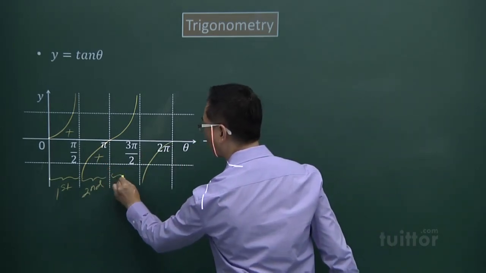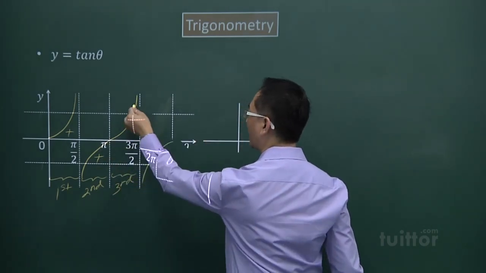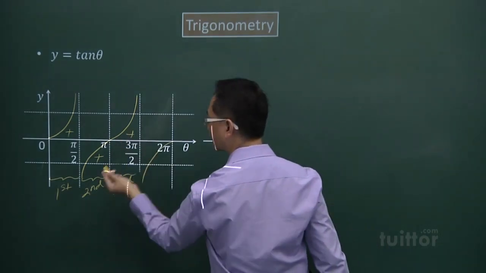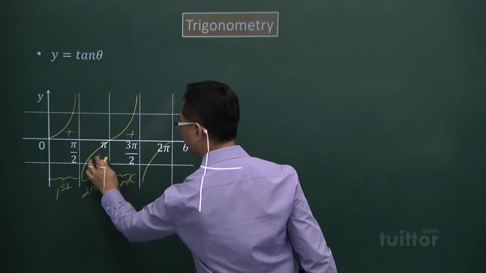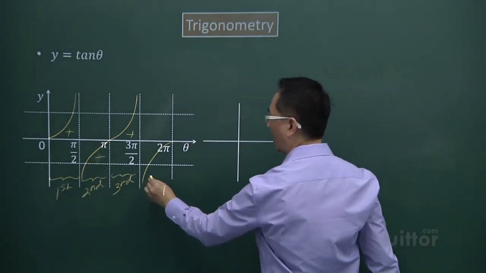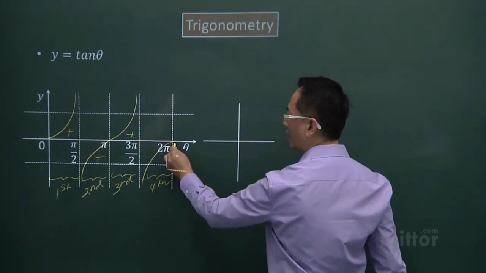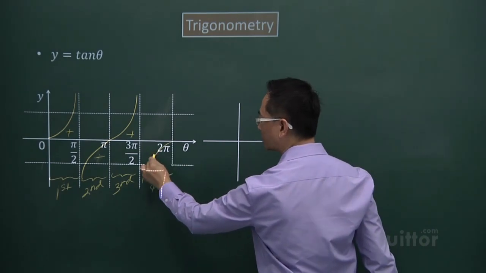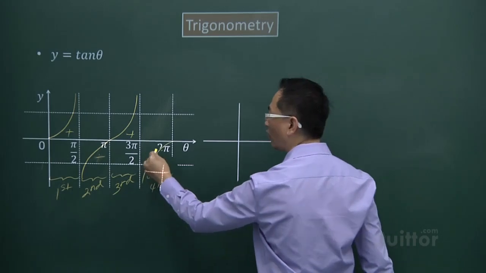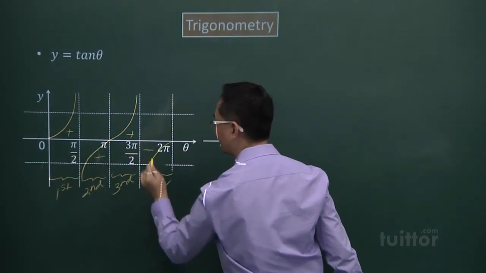Then for the third quadrant, this part of the graph is above the x-axis, positive, and this is negative. And in the fourth quadrant, the tangent graph is below the theta axis, and the y values correspondingly will be negative.